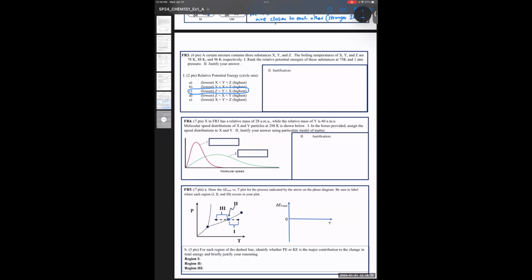Okay, so we're going to write: the stronger the intermolecular forces, the stronger the IMFs, or attractive interactions between the particles. Let's write attractive interactions between the particles because this is coming from the particulate model of matter.